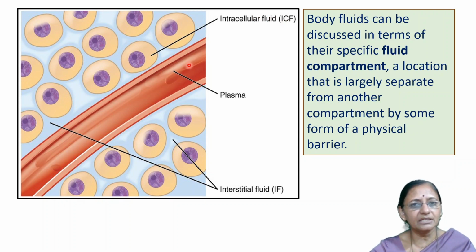Then the fluid present in the blood vessel, this is the blood vessel, that is the plasma. It is bounded by the wall of the blood vessel. The blood vessel has its wall, and inside it there is fluid, so the blood vessel is another compartment.